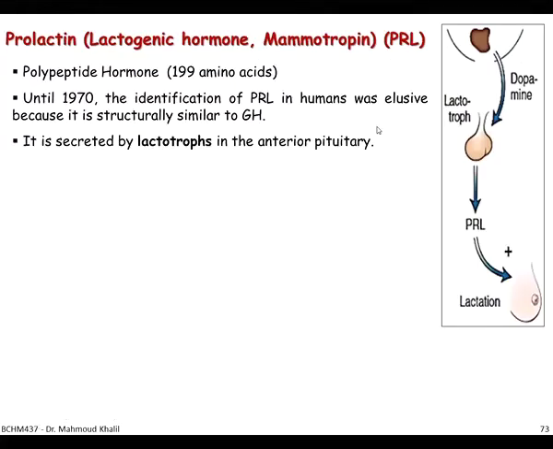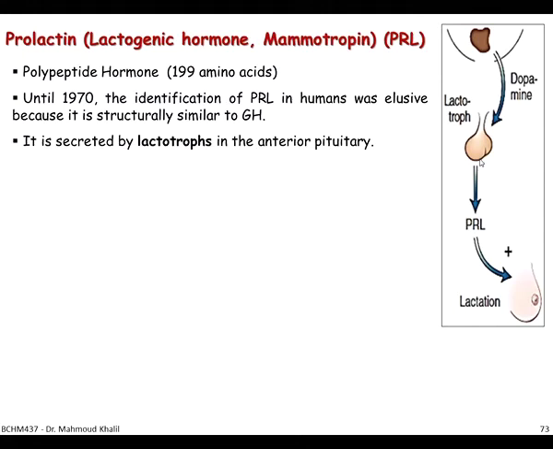So we will start now with the first hormone, which is prolactin. As you can see, this is the same figure we just discussed on the mechanism of release of prolactin. Prolactin, or the lactogenic hormone, or mammotropin, is a polypeptide hormone of around 199 amino acids. Until 1970, the identification of prolactin was elusive because it is structurally similar to growth hormone.